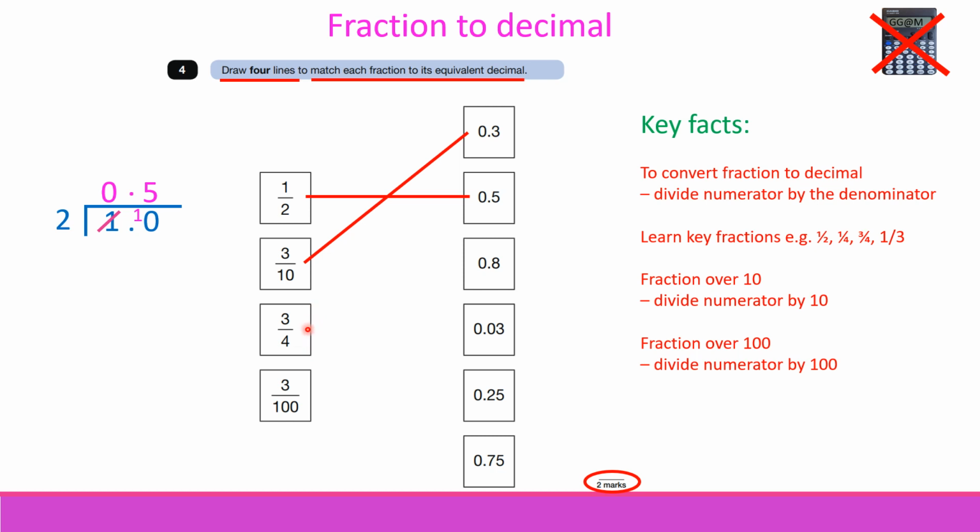3/4 is another one that you should know off the top of your head. If you don't, you can use a division like this to work it out again. Or we can just use this fact here that a half is 0.5, which means 1/4 is a half of a half. So if we thought of this number as being 50 on the end, half of 50 is 25. So 0.25 is 1/4.